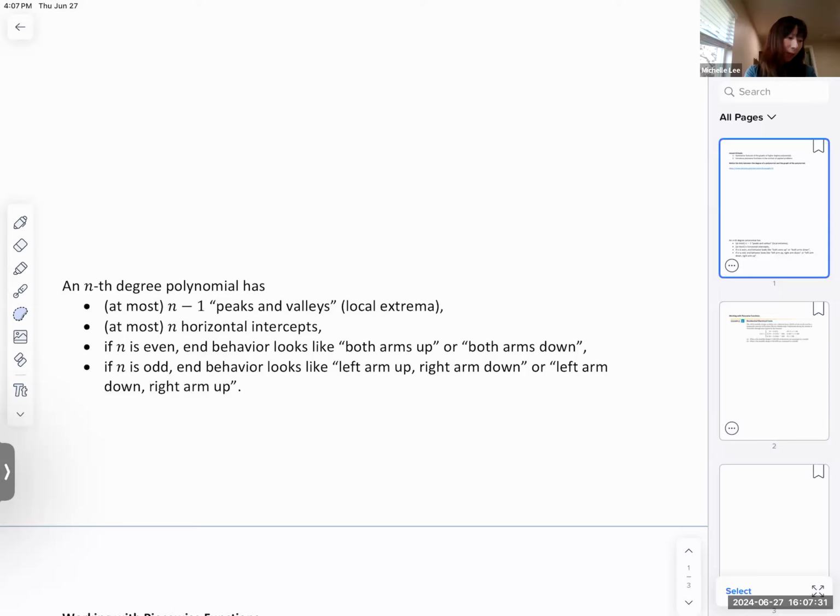For example, if we have, let's say, 3x to the fifth minus 4x to the fourth plus 2x to the third minus 12x squared minus x plus 4. Yes, this is a polynomial.